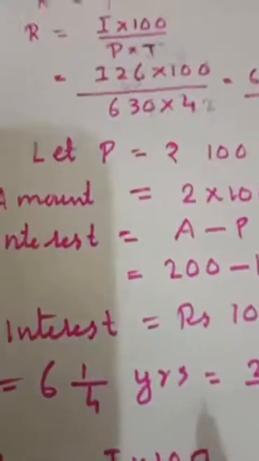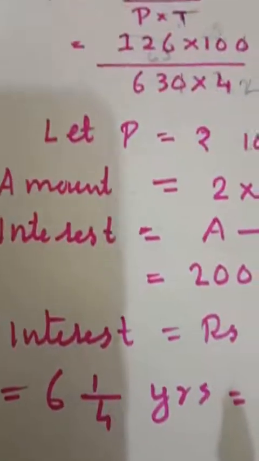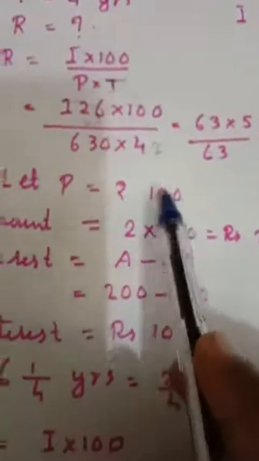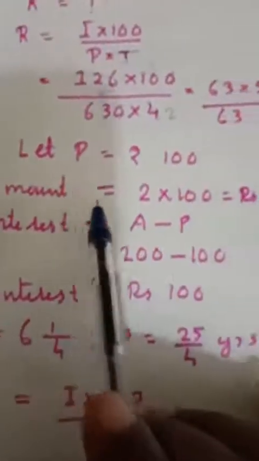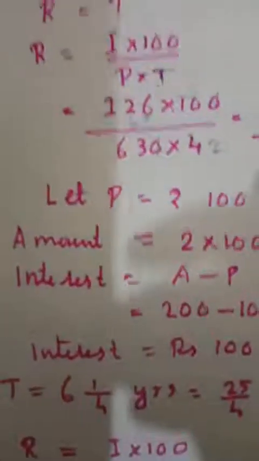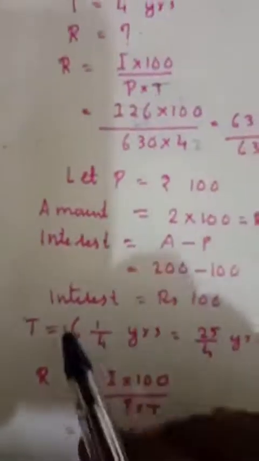Suppose, see here, principal is not given, only that the amount will be double the principal is given. Amount is double of principal, so let principal be 100. Amount 2 into 100. Now what is interest?